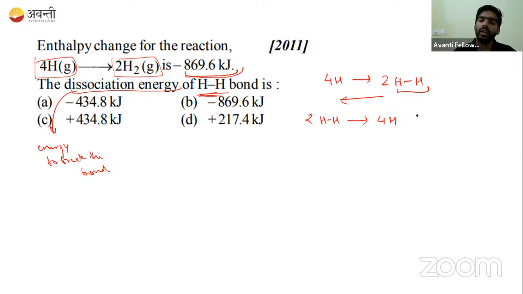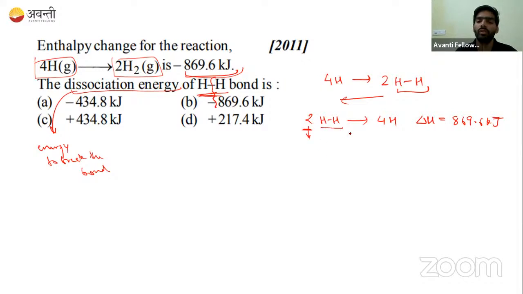So the enthalpy for this reaction is going to be how much? Instead of minus, it will now become 869.6 kilojoule. But this is for 2 moles of hydrogen dissociation. If you want it for one H-H bond, we have to take 1 mole, not 2 moles.